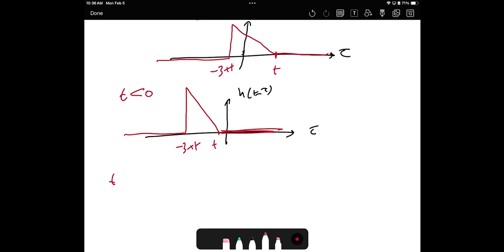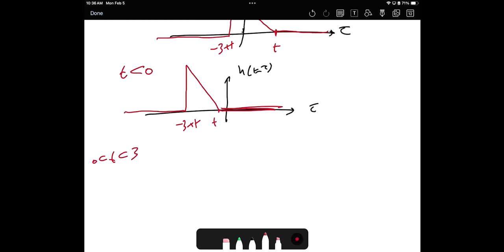I have another case. If t is positive, what will happen? I'm going to take it between 0 and 3. If it is between 0 and 3, here's t, here's negative 3 plus t, and this is the same h of t minus tau.